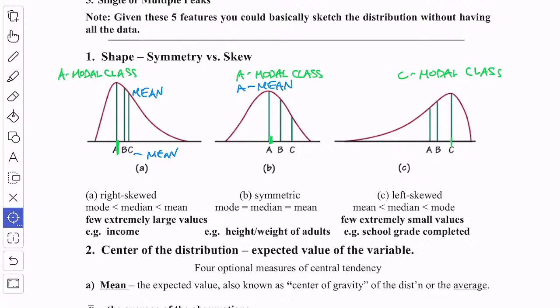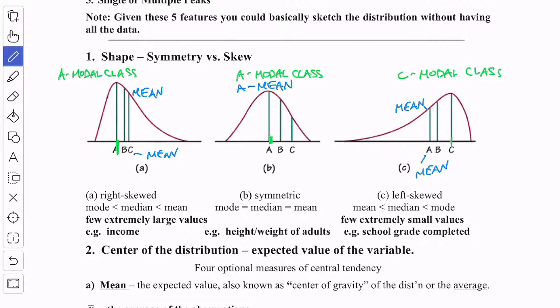Similarly, over here with the left skewed distribution, the mean will be pulled closer towards the extreme values than the other value. The other value is known as the median.